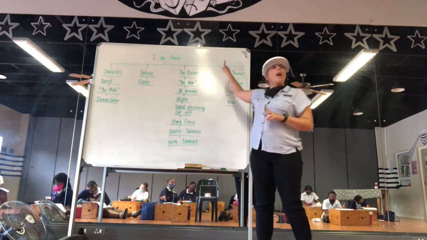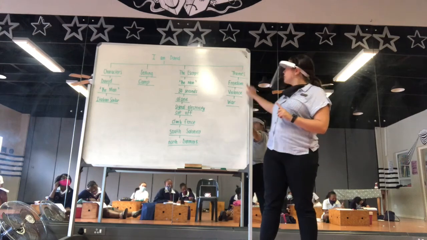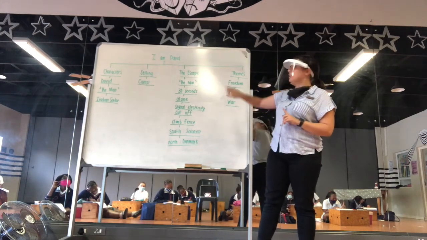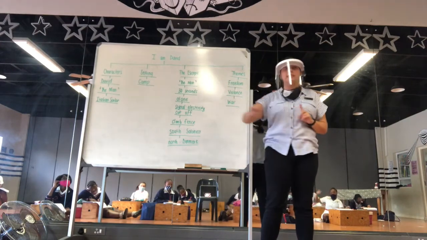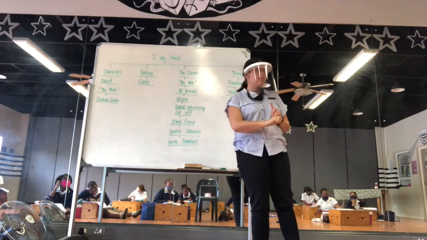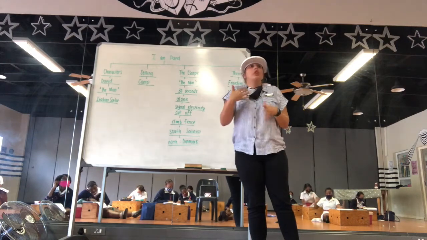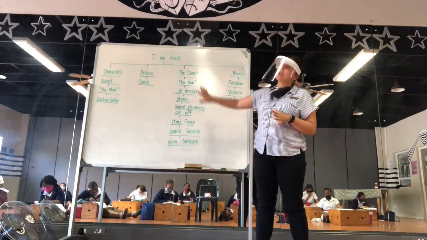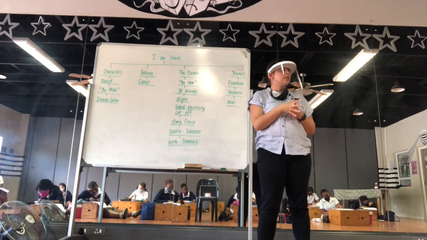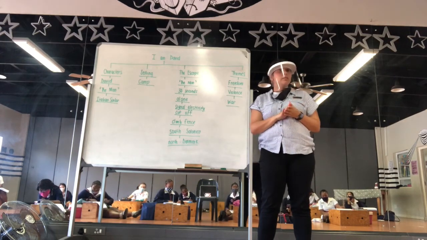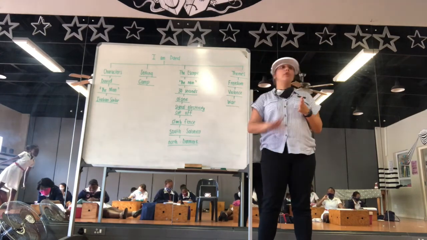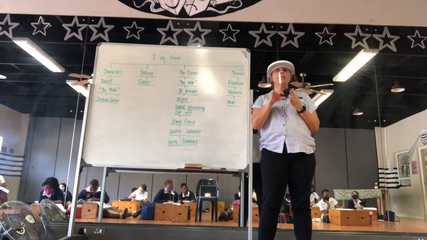I know we've just listed the themes here, but it's important to remember you need to know why. Tell me why freedom is a theme. Tell me why violence is a theme. Tell me why war is a theme. So you've got to look at that. And this brings us to the end of this particular map. Any questions? No. Right? So we've looked at Whitney's Kiss, we've looked at I Am David.